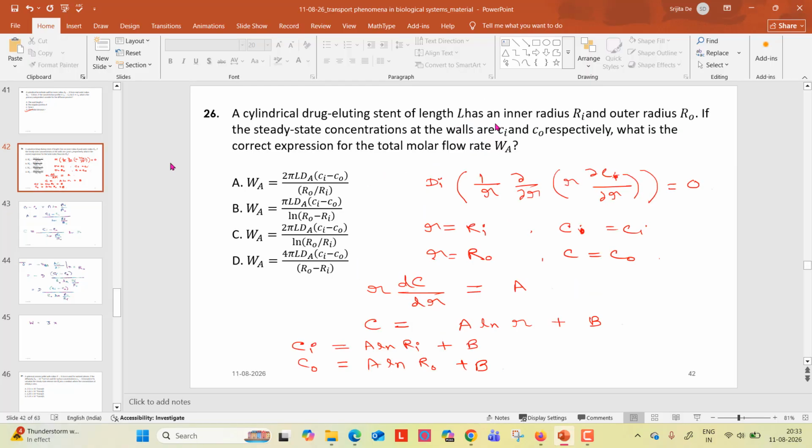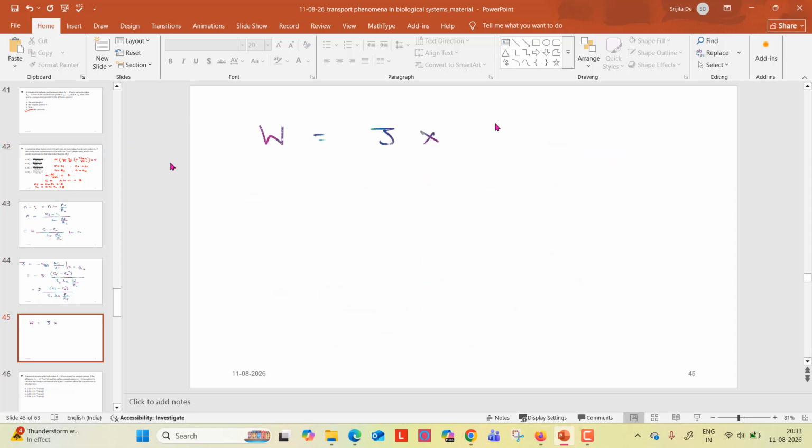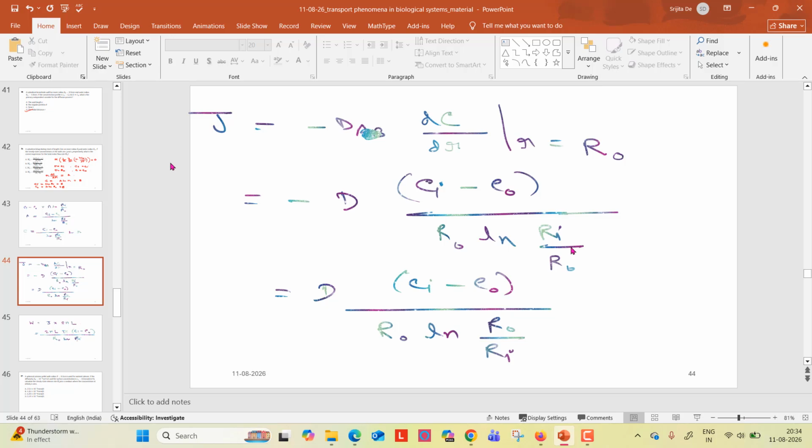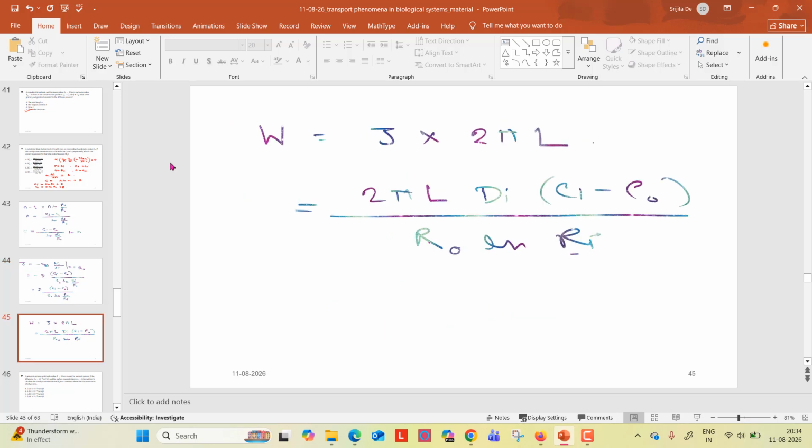The layer has length L, so it is the outer surface area, 2 pi Ro L. So it will be 2 pi L, and J will be D times Ci minus Co by Ro ln Ro by Ri.